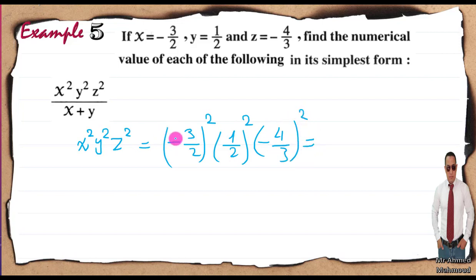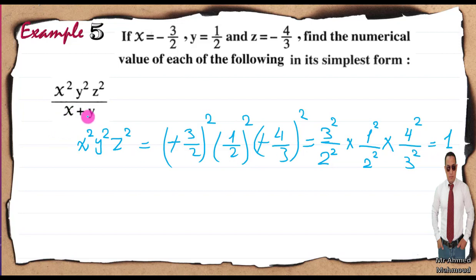So it will be, I'm going to skip this negative, so it will be 3 power of 2 over 2 power of 2 times 1 power of 2 over 2 power of 2 times, skip the negative, cancel the negative, 4 power of 2 over 3 power of 2, all of them equal 1.